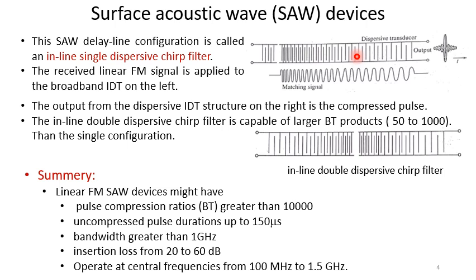The inline double dispersive chirp filter is capable of larger BT products, like 50 to 1000, than the single configuration. So this is another kind of inline dispersive chirp filter called the inline double dispersive chirp filter.